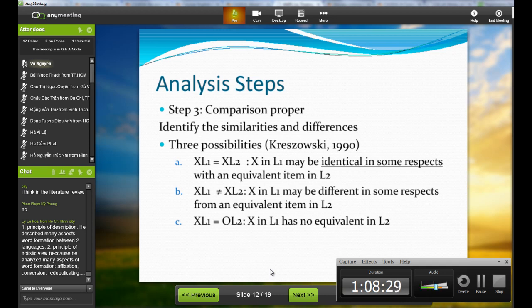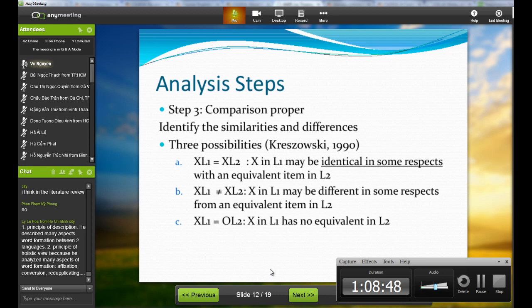Now, the next possibility is that an aspect, let's call it X in L1, is different in some aspects from its equivalent in the second language.